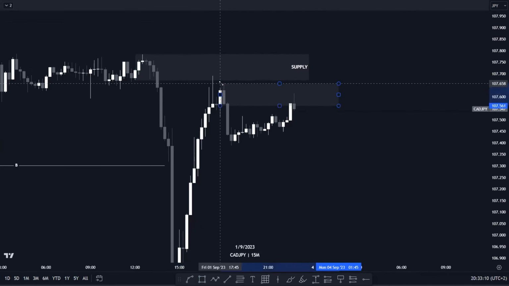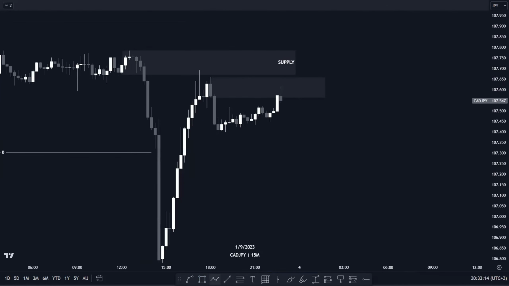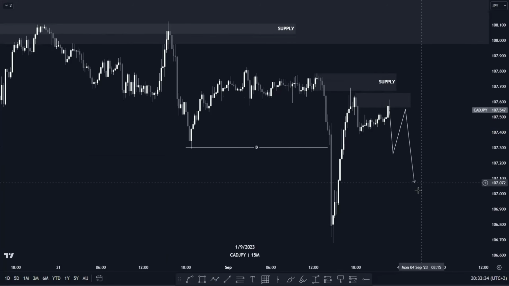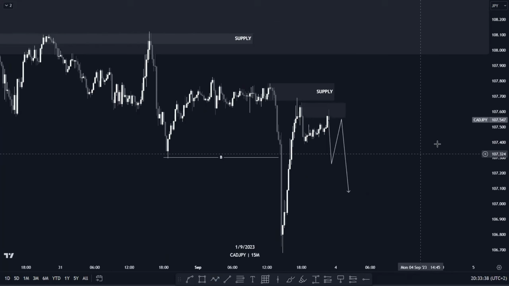So what I suggest you do is wait for this low to be violated so that you can be in a bearish trend, then take your trades off the lower high here so that you are more confident, and which confluences your trade. Okay, so this is what I am basically looking for on KJPY next week.